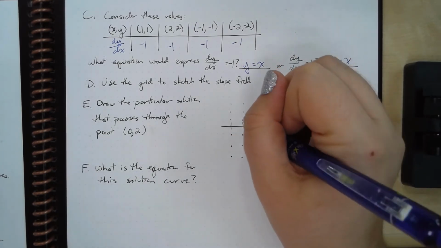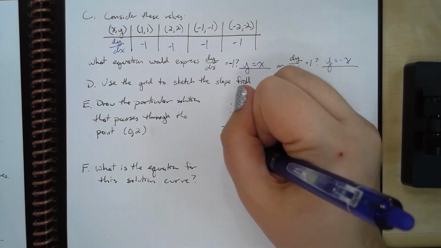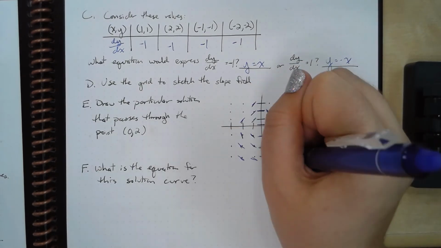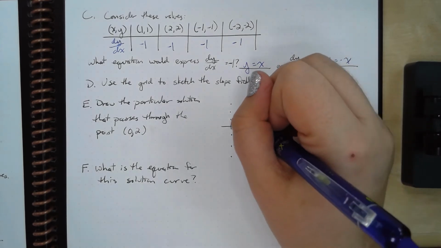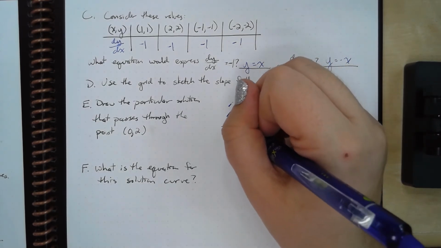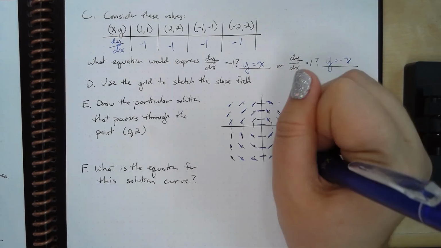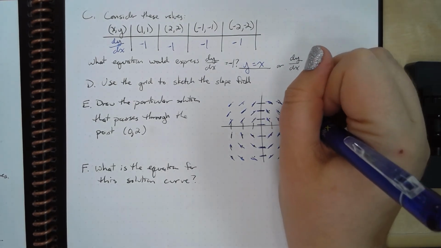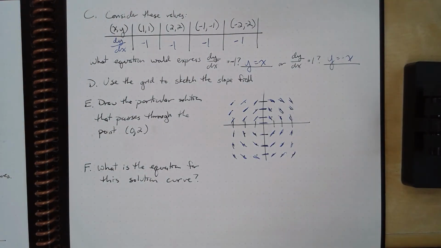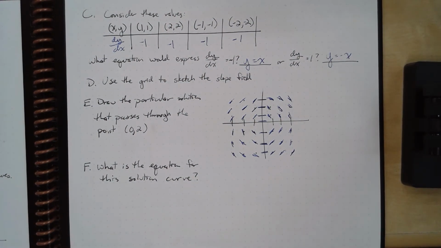Now these slopes kind of line up with, these little dashes line up with the slope. Okay, stop unpausing now. So we've sketched this slope field here, and you can kind of see what we've got going.